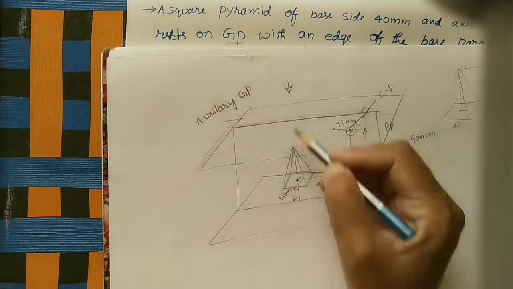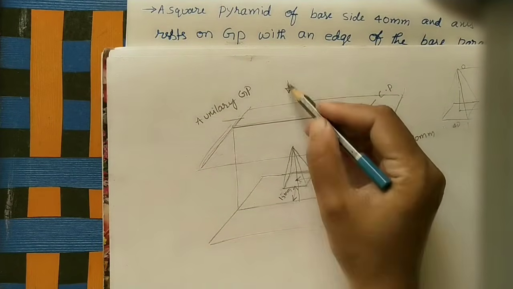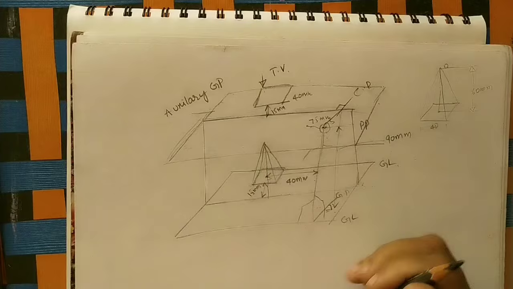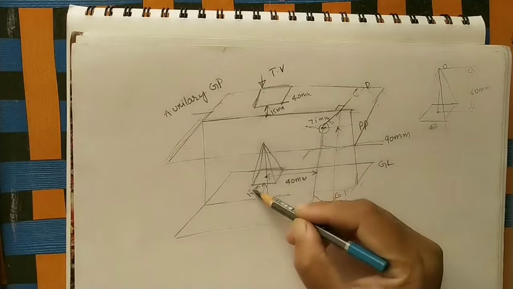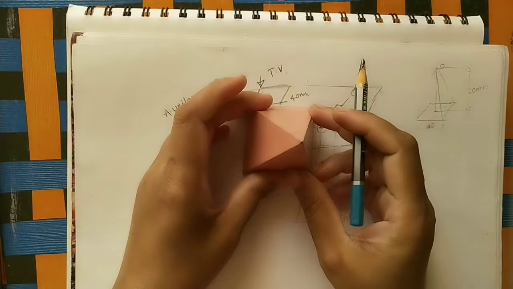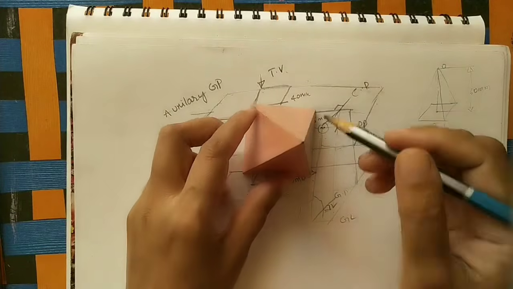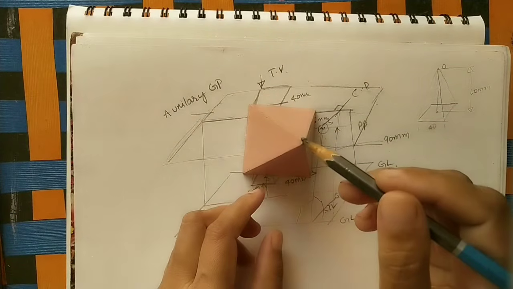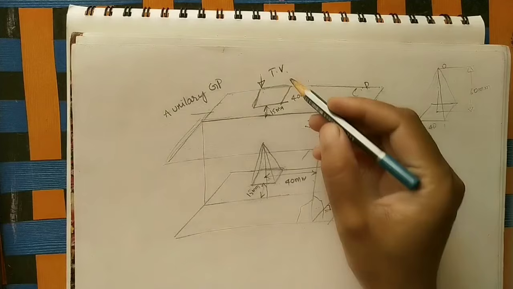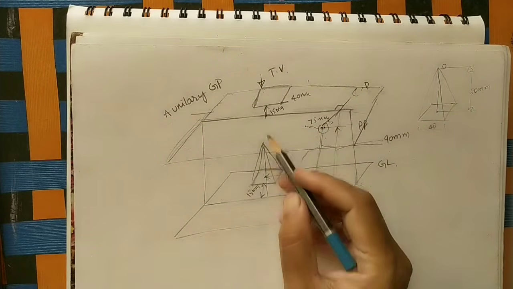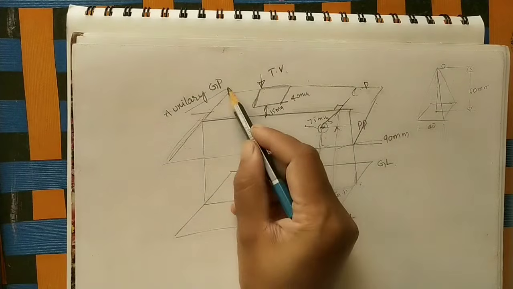If you see the solid square pyramid from the top, we will get the top view. In the top view, we can see this square, and after the square we can see these edges, all meeting at the center. Initially we will see this base, so I will draw this base on the auxiliary ground plane.